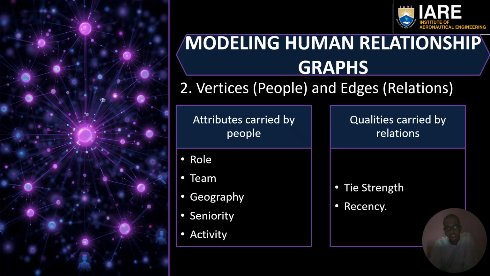The qualities carried by the relations between people are only two. First one is tie strength, second one is recency. Hence, these are the points I would like to state.